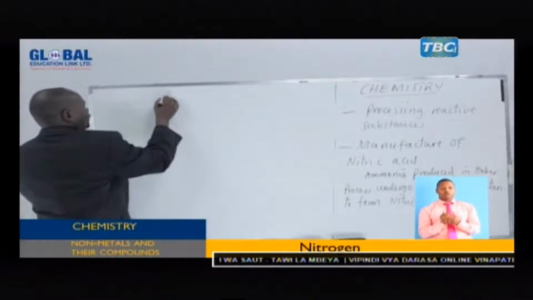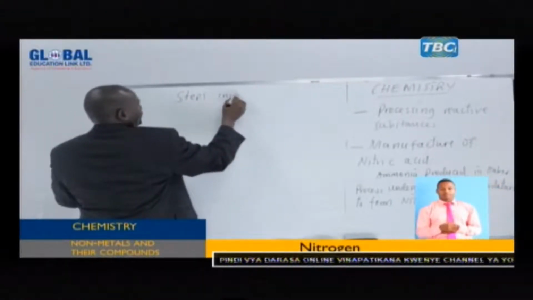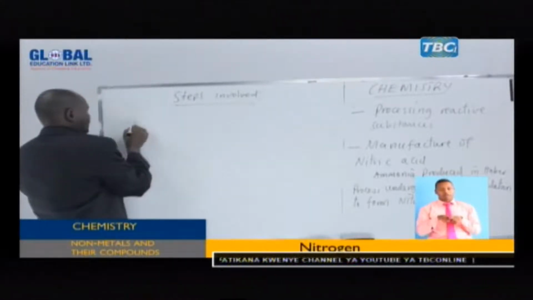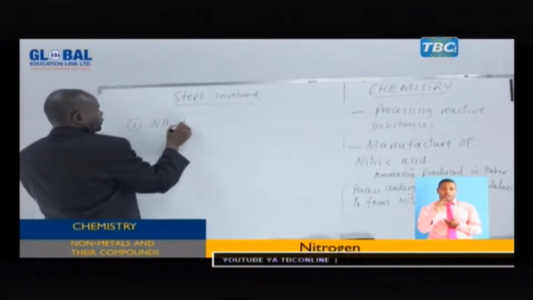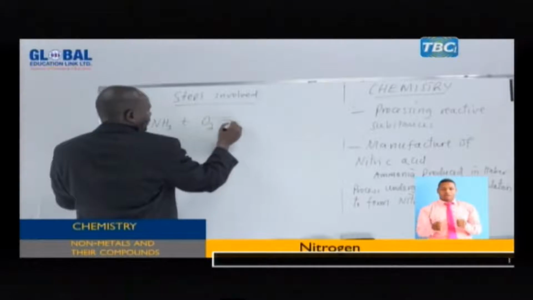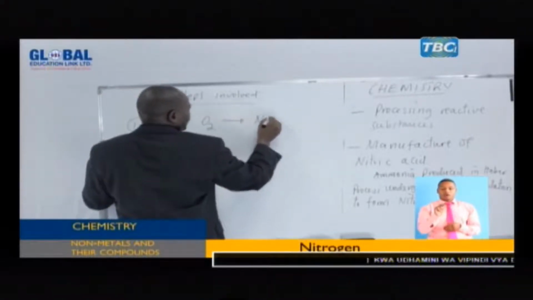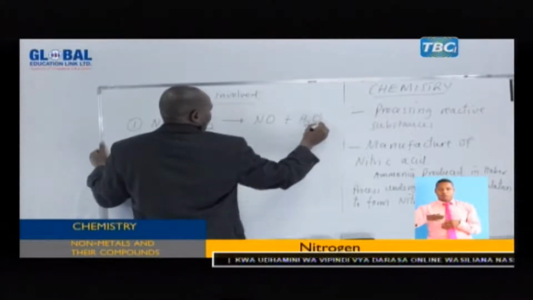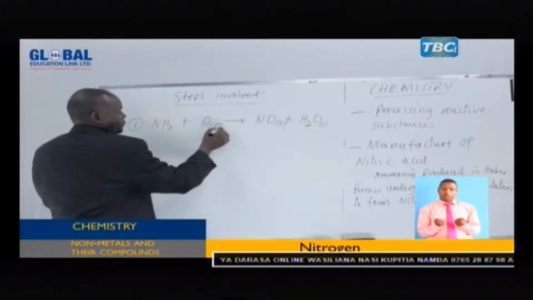So we have steps involved here. First, ammonia is oxidized by oxygen into nitrogen monoxide, plus water, plus other product. You can balance the equation.